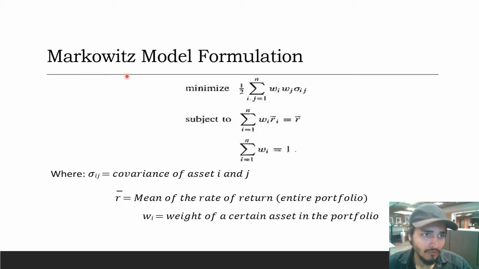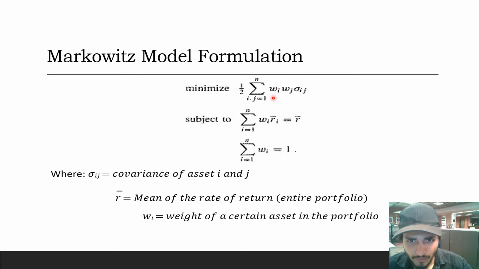Now moving on to the Markowitz model. Here you can see the formulation of the model. The one half in the beginning is just for the sake of simplicity. The objective of the model is to minimize the risk which is present in the portfolio.